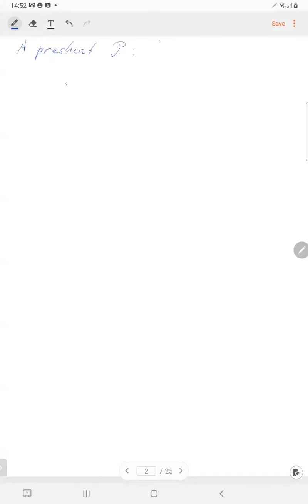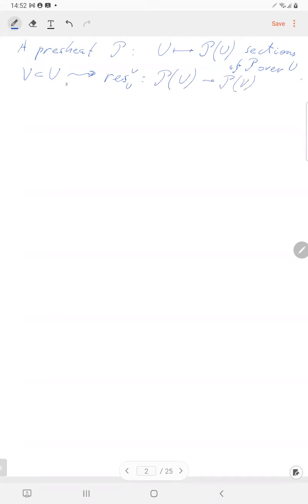Any open subset U goes to some set of sections P of U, called sections of P over U. And if we have a smaller open subset V inside U, then we are equipped with the restriction morphism from P of U to P of V. And certainly they compose transitively.